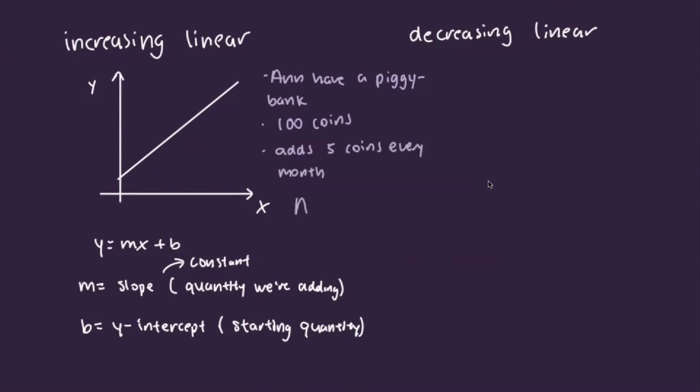So our equation would be A, which is our y, equals our m, which is 5 coins a month, times x, which is the number of months, plus our initial value.